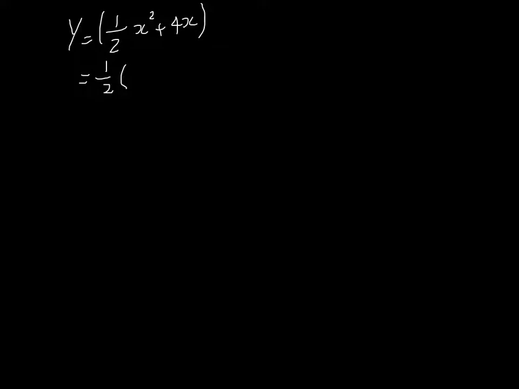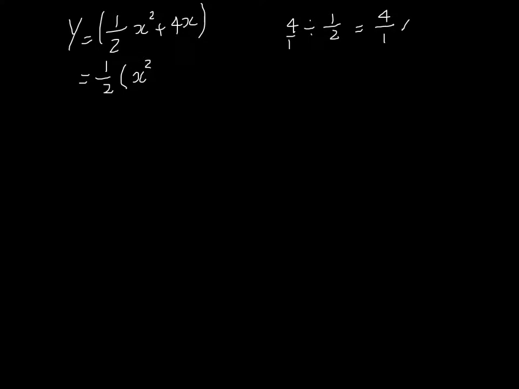Now half divided by half gives me 1. Now the question is, what is 4 divided by half? Remember 4 is really 4 over 1. So what is 4 over 1 divided by 1 over 2? Remember from elementary school, when you are dividing fractions, you flip the second fraction and then multiply.